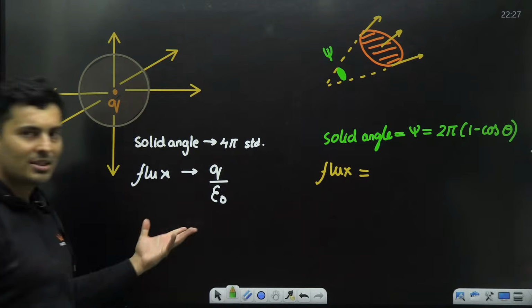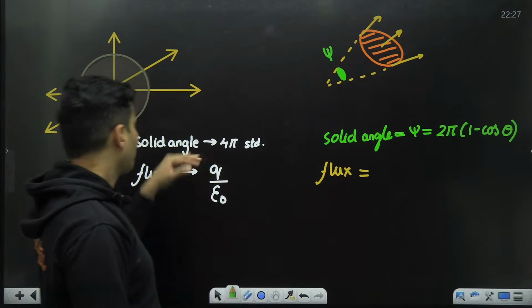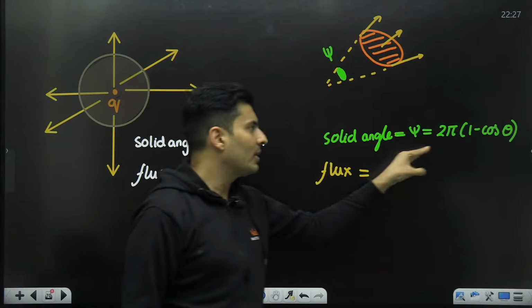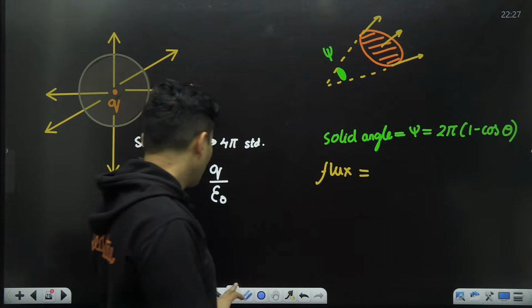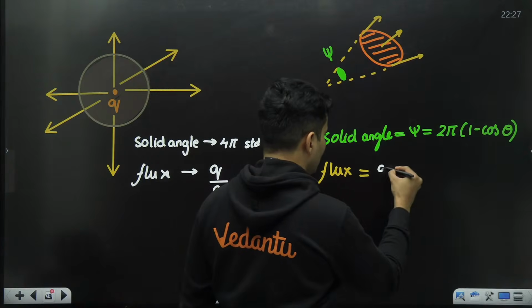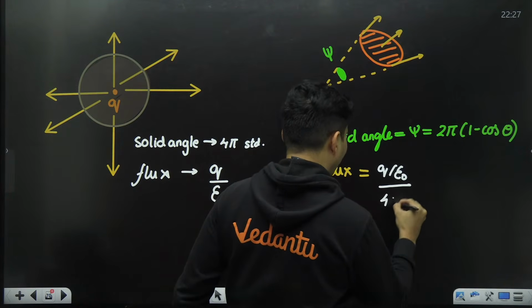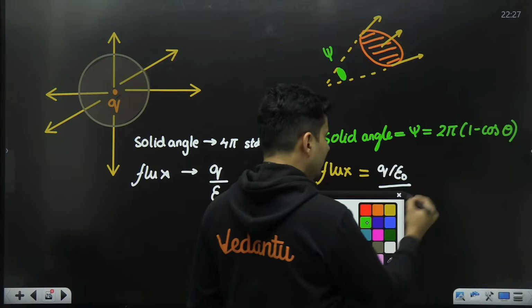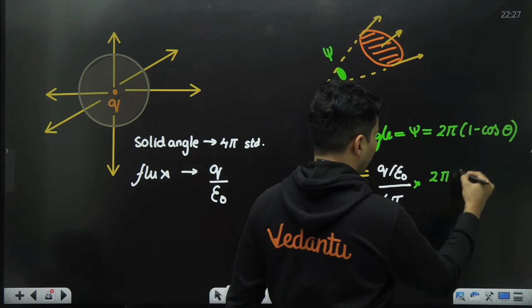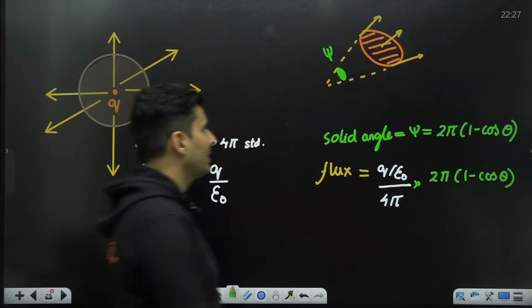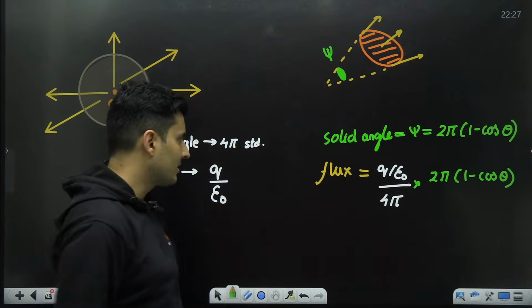Just the unitary method, guys. This much flux for 4 pi steradian. How much flux for this many steradians? So it will be Q by epsilon naught, which is the flux per 4 pi steradians, into 2 pi multiplied by 1 minus cos theta, which will give me the flux through that particular base.